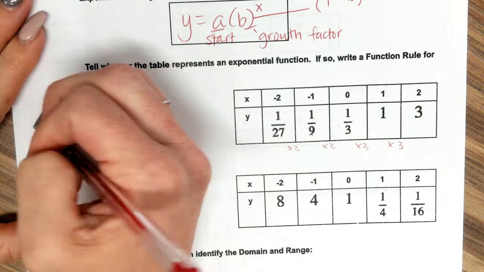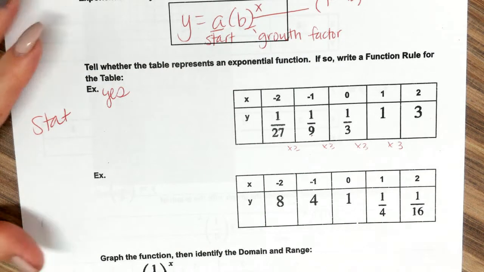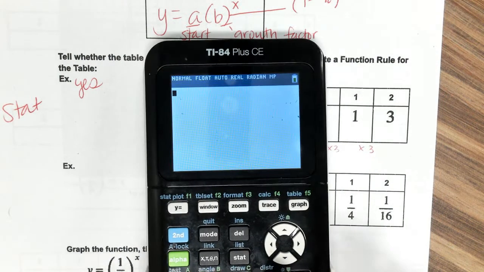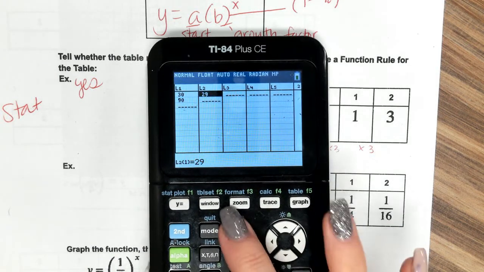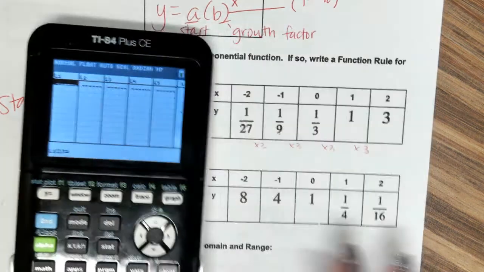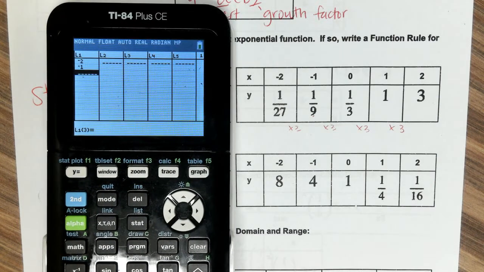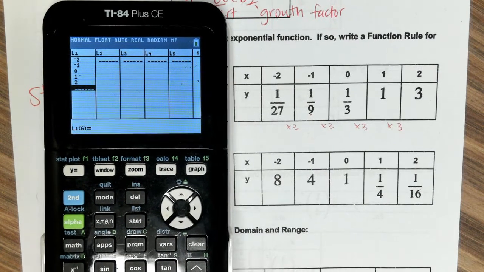You're going to go to stat, and then you're going to use your calculate button. So let's go to stat, edit. So -2, -1, 0, 1, 2.